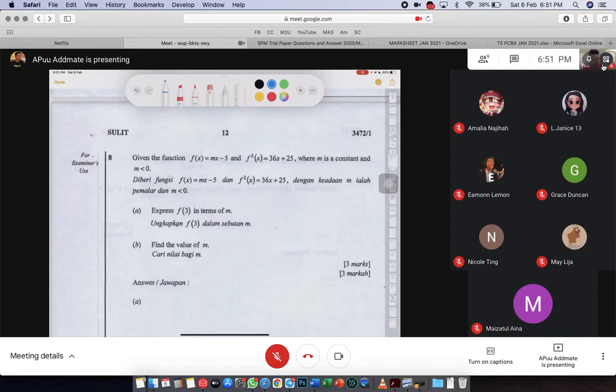So given the function f(x) is mx minus 5, and f squared x is equals to 36x plus 25. The first part is you need to express f(3) in terms of m.